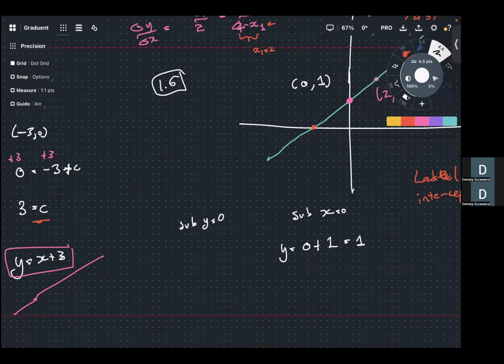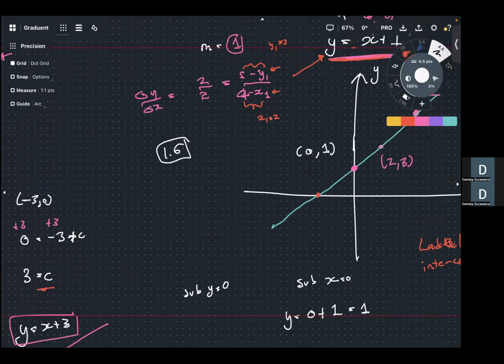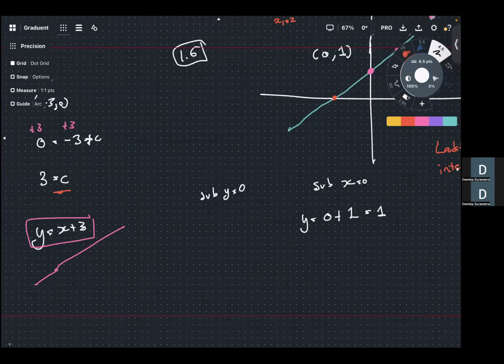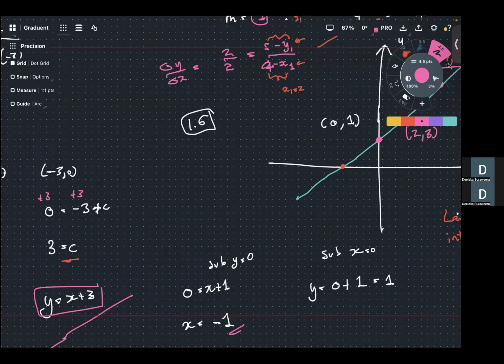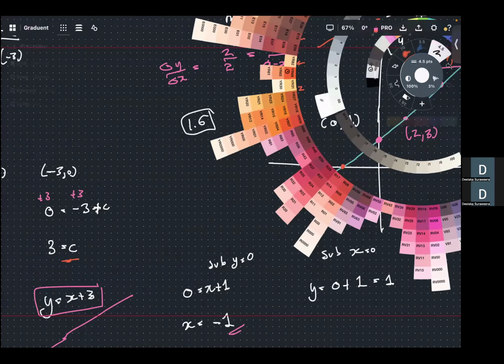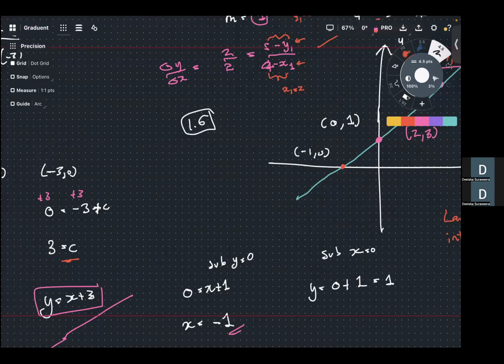You can also just sub in the y value to find x. So you sub y equals 0, and then you get 0 equals x plus 1. That means x is -1. Spot on, Kushal. Well done. Then what's my x-intercept as a coordinate? (-1, 0). Yeah. Exactly.